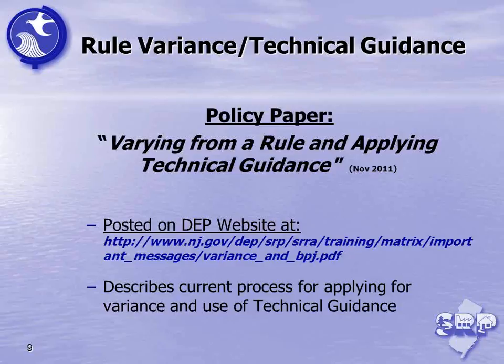The biggest problem with that is that under the current tech regs, variance from rule as well as guidance were treated the same, and that really wasn't the intent of SARA or ARCS. And so what we really needed to do was to define how the department intends to address this issue between now and the adoption of the proposed tech regs. This document was written to be very brief, and it really describes the process for applying for a variance from rule as well as applying guidance.